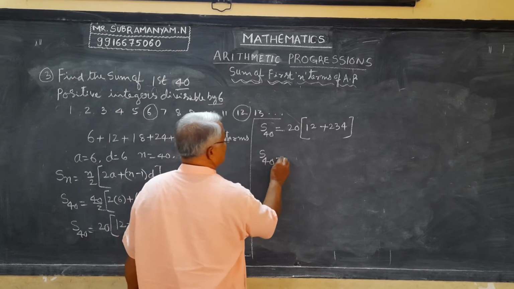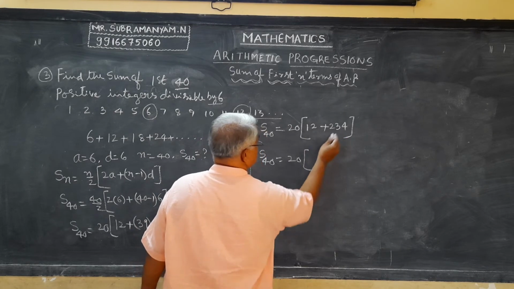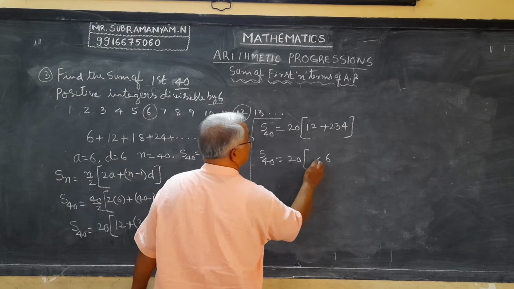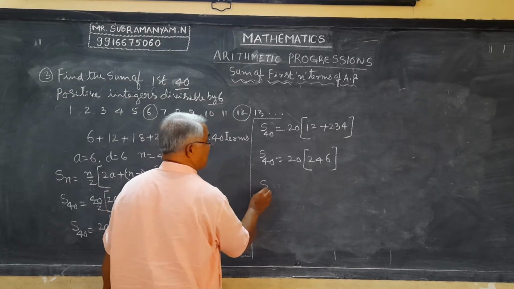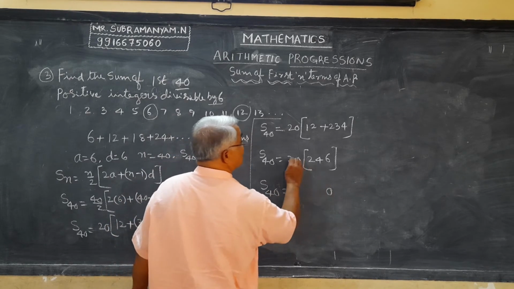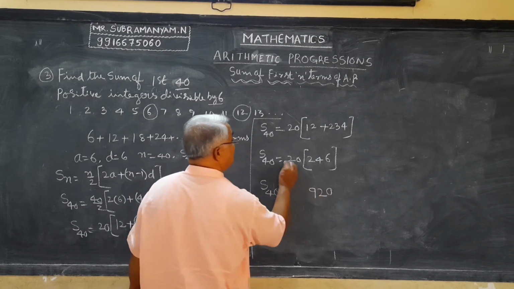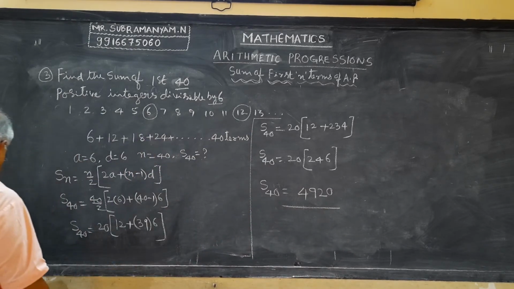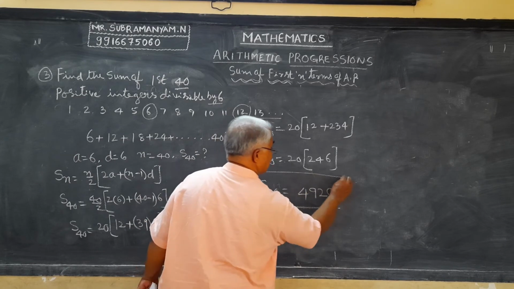S40 equal to 20 into, add these two, 4 plus 2 is 6, 3 plus 1 is 4 and 2, 246. Multiply by 20. 2 6s are 12, 2 4s are 8 plus 1, 9, 2 2s are 4. 4290. This is the value of S40.